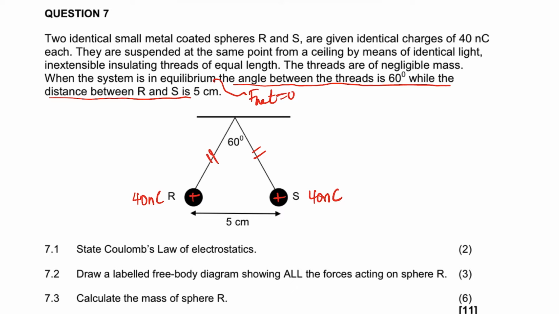So guys, if you look at this, the angle between the threads is 60. It simply means it forms a triangle there.